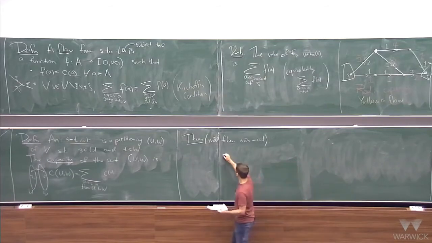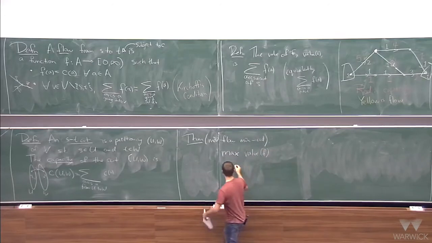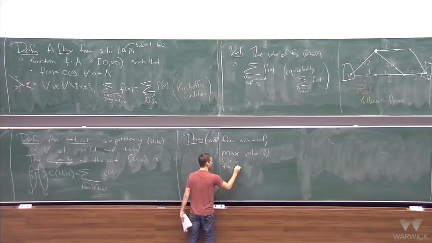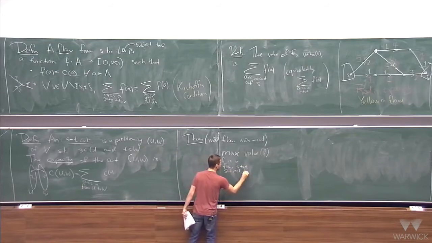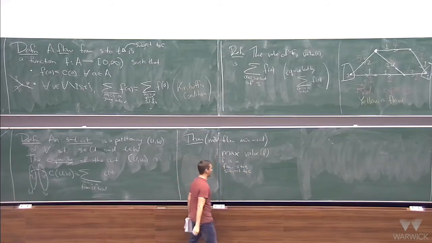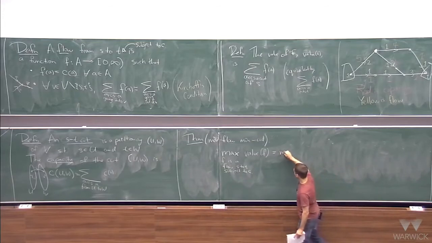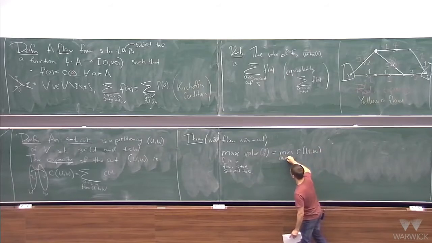Under these conditions, the max value of F over all F, where F is a flow from S to T subject to C, is equal to the minimum of C of UW over all UW which is an ST cut. Again, not the most elegant way of writing this, but hopefully it's clear.